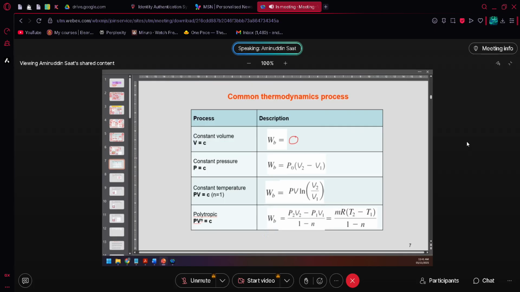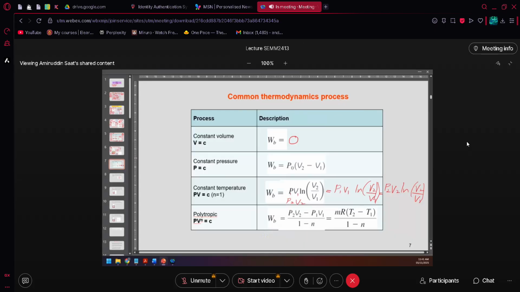You can use either P1 V1 ln V2 divided by V1, also equals P2 V2 ln V2 divided by V1, because this PV can be 1 1 or 2 2, but you cannot mix 1 and 2 for the pressure and volume.